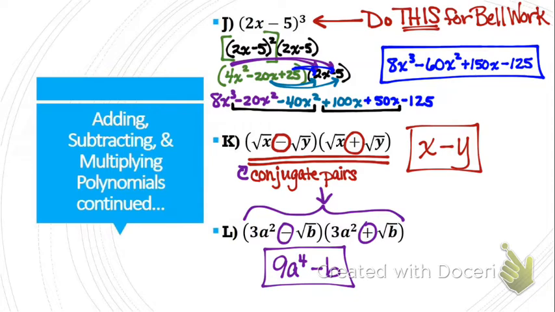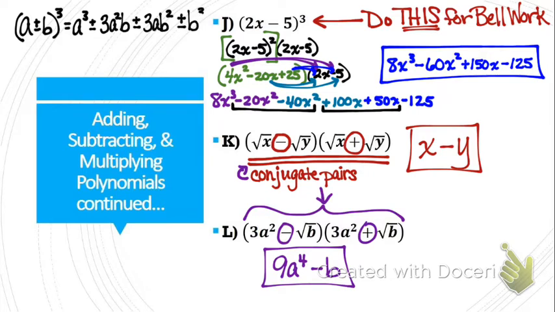All right, so if I'm going to take a binomial, a plus or minus b, and we're going to cube it, our pattern there is my first term gets cubed. Then it is plus or minus 3a squared b, plus or minus 3ab squared, plus or minus b cubed.